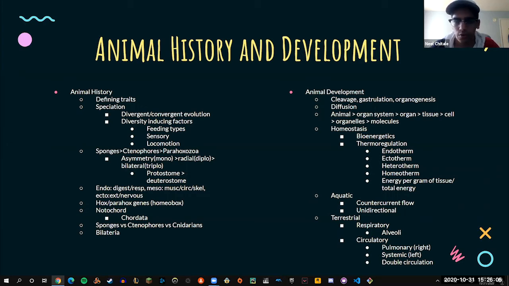So, you have all of these complex levels in an animal, and all of this is really great, but there has to be some sort of maintenance for all of this complexity, right? There needs to be some sort of system that controls the environment inside the body. And so here we stumble across the next part that we want to talk about, which is homeostasis.